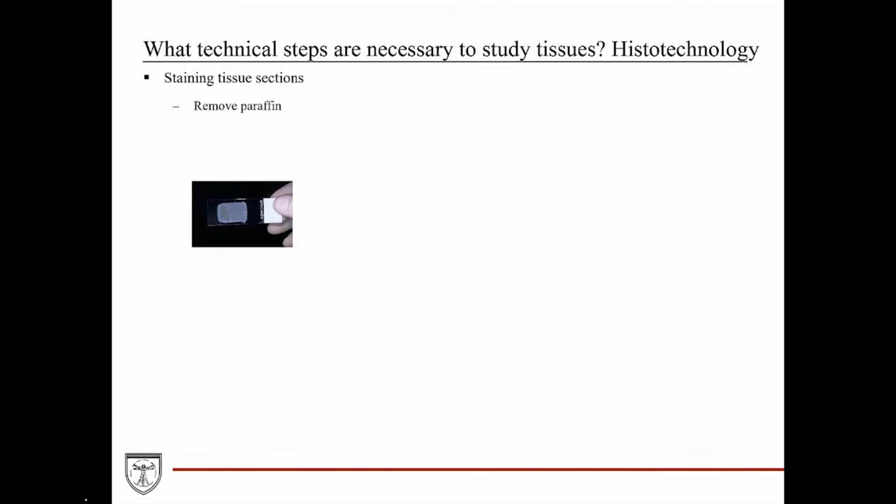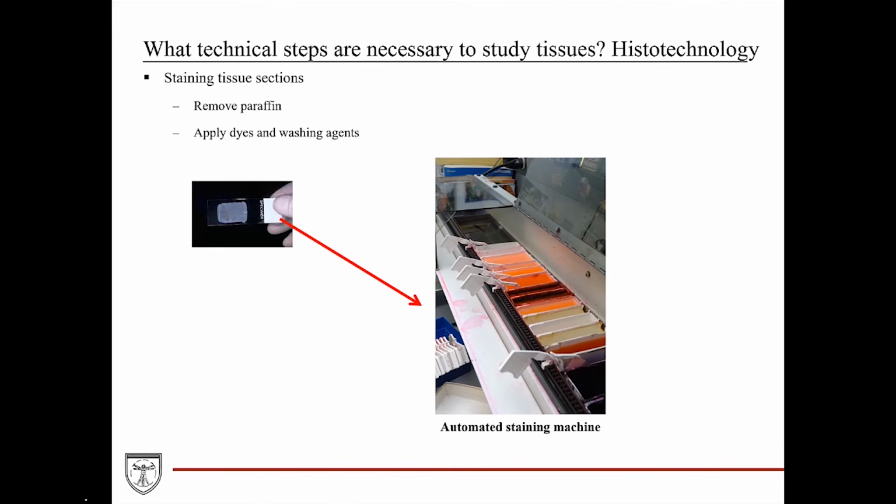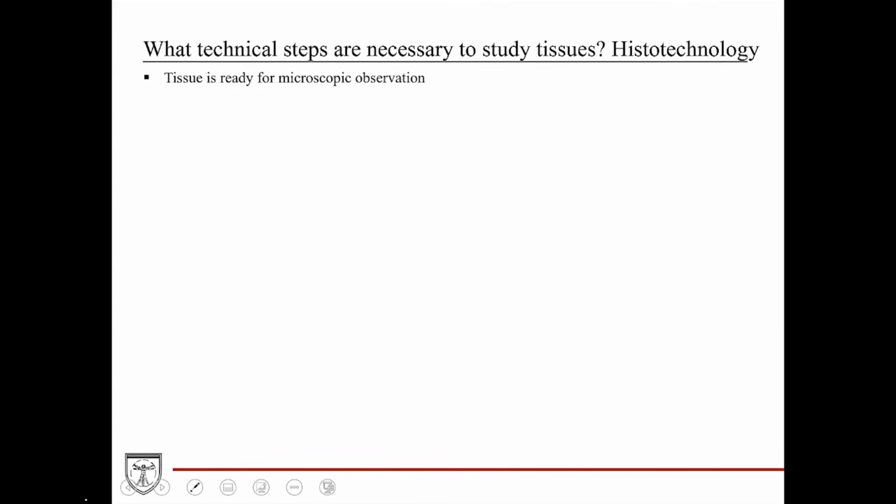First, we remove the paraffin by applying some heat. Then we apply a number of different dyes and washing agents to remove some excess dyes. And of course, nowadays we have automated staining machines like this. Then we place a glass cover slip on top of the stained tissue to protect it. And finally, we're ready to observe the tissue under the microscope.